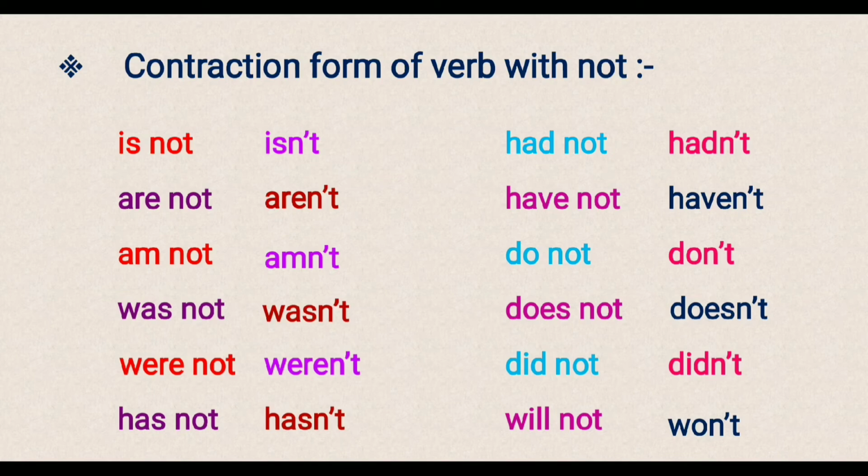Understand? The pronunciation changes when you use the verb in a contraction form. "Did not," "didn't," "does not," "doesn't," "will not," "won't."